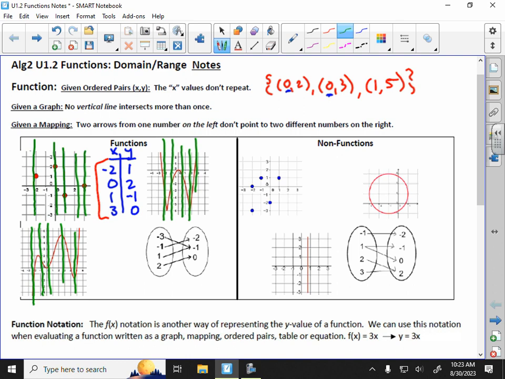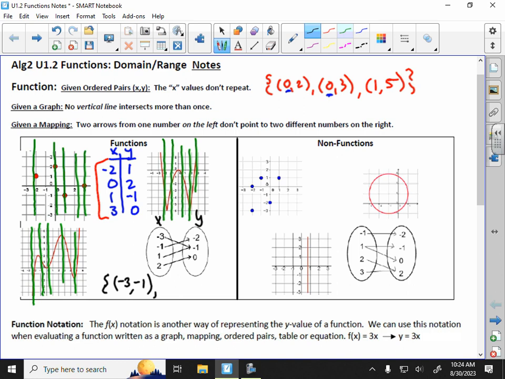Now on this mapping with these two ovals or ellipses, you can see arrows coming off of it, and so you can write these as ordered pairs. If we list out the ordered pairs, we can see that -3 is being pointed to -1. The numbers on the left side act as the x values, and the numbers on the right side act as the y values.